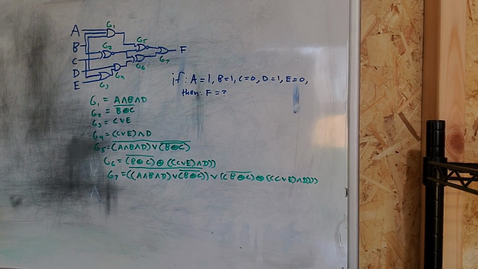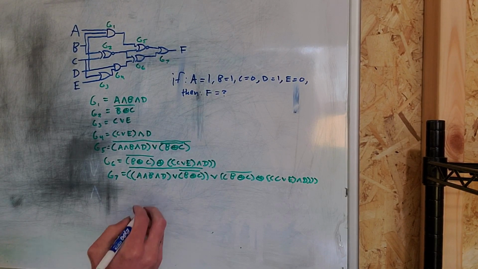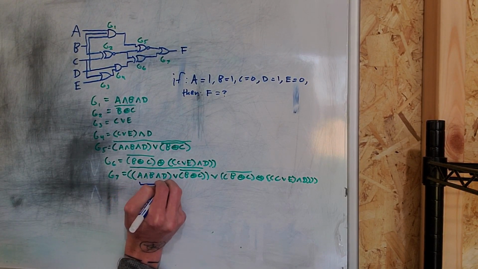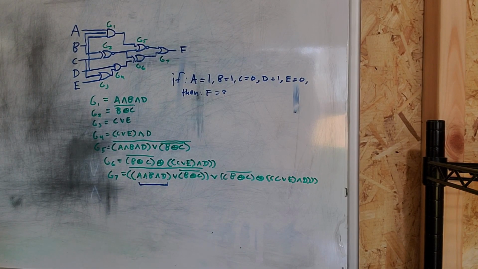So let's start breaking this down. Let's start off with G1 here. A and B and D. A is 1, B is 1, D is 1. So that will be 1, because 1 times 1 times 1 is 1.